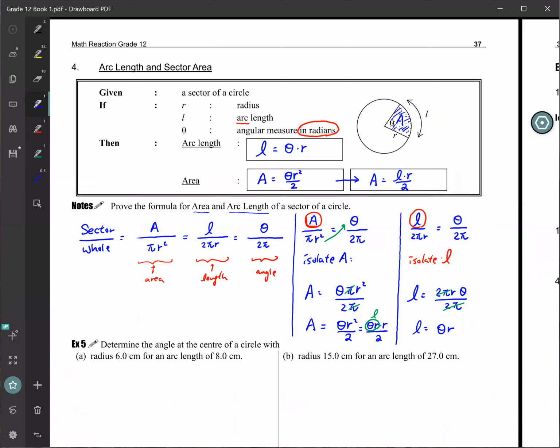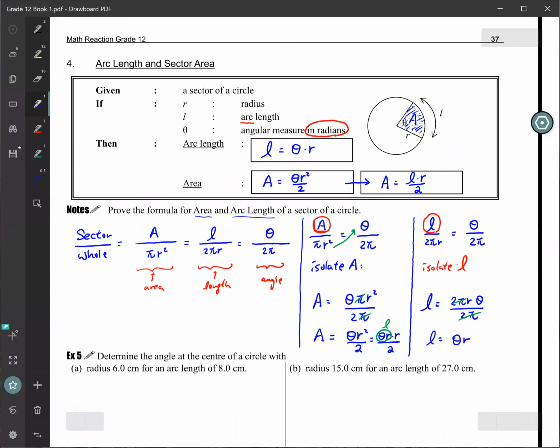Okay, so these formulas you have to memorize because usually they are not given on the test. Some formulas which are longer, they will give to you, like sine law, cosine law, right? But these ones they don't give to you. Okay, so let's try a few questions first. Then you get to practice subbing into the formula, and then I'll ask you to memorize it.